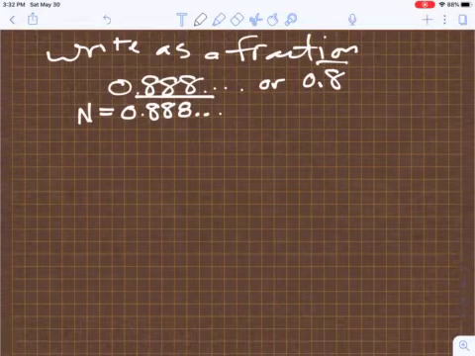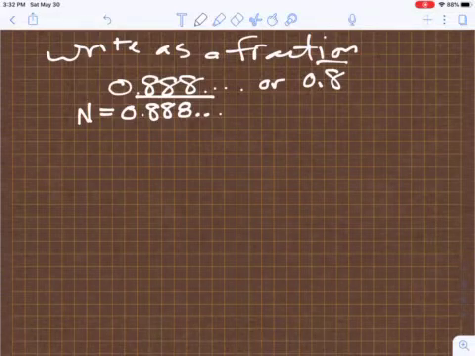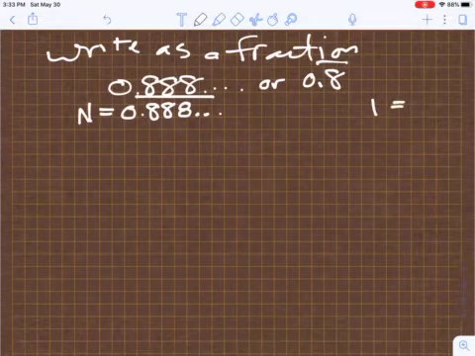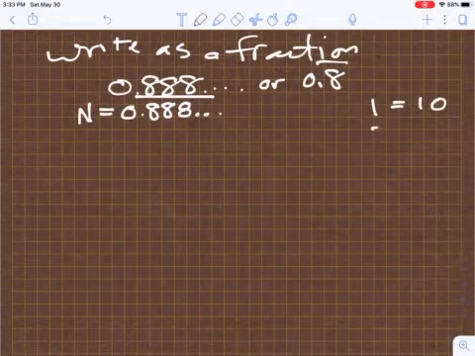Now the next thing you do is you're going to multiply both sides, and this is where it gets weird, by a power of 10 depending upon how many digits are repeating. So if you have 1 digit repeating, you're going to multiply it by 10. If you have 2 digits repeating, you're going to multiply by 100.